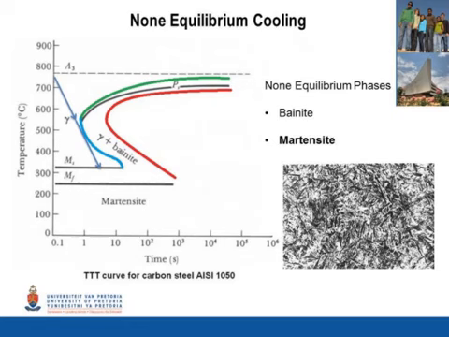It can be seen in this diagram that in order to form martensite, the material must be cooled down from approximately 780 degrees Celsius to approximately 550 degrees Celsius in less than 1 second, and then from 550 to 320 in another 9 seconds, as indicated in the diagram. A micrograph of martensite can be seen at the bottom left-hand side of the screen.